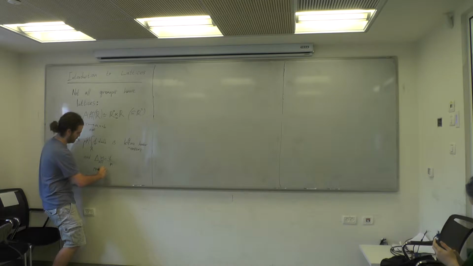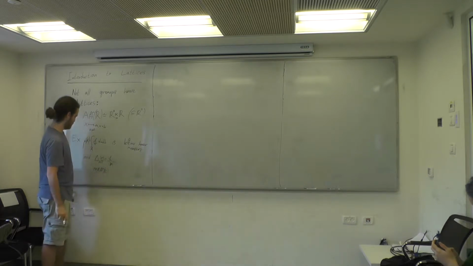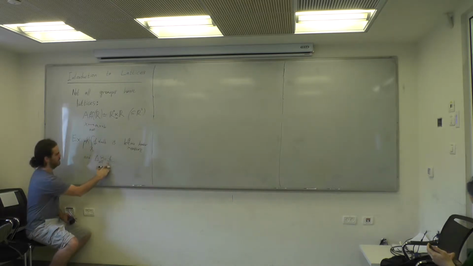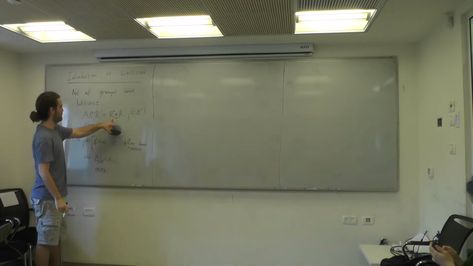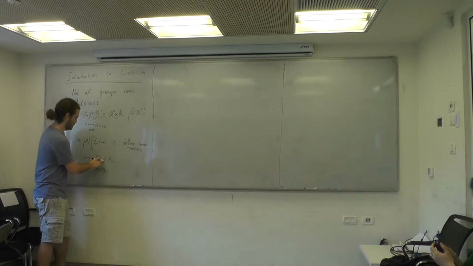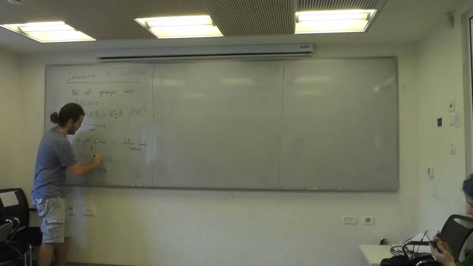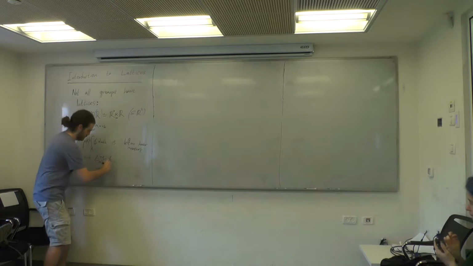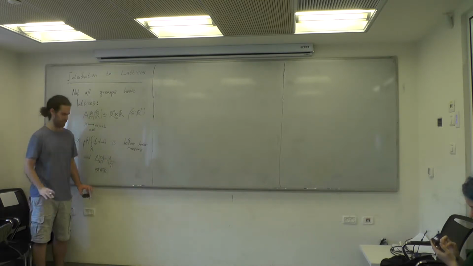Sorry, each element of the affine group is (a, b), so let's say (R1, R2) is an element of the group. So it's given by 1 over the absolute value of R.